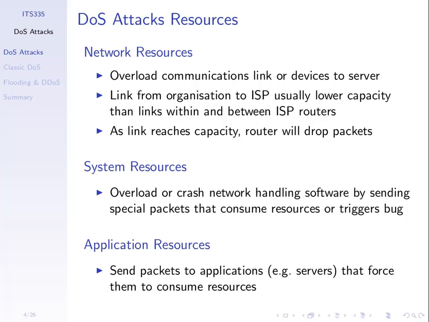That link has some capacity, maybe 100 megabits per second is the capacity of that link. If the attacker tries to send traffic onto that link that starts to approach that capacity, 100 megabits per second, then the normal data coming from the normal users may be delayed or may not be sent across that link. So one aspect of exhausting the network resources is overloading the links. Sending so many packets such that the links cannot send all of them.